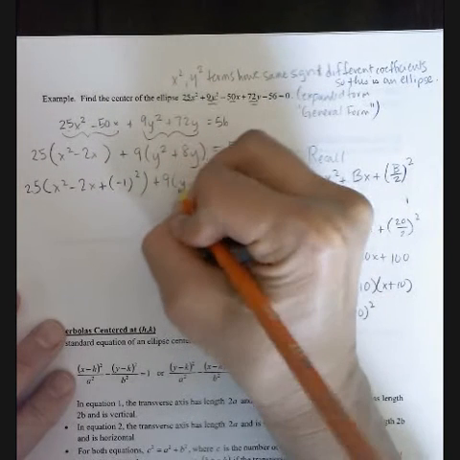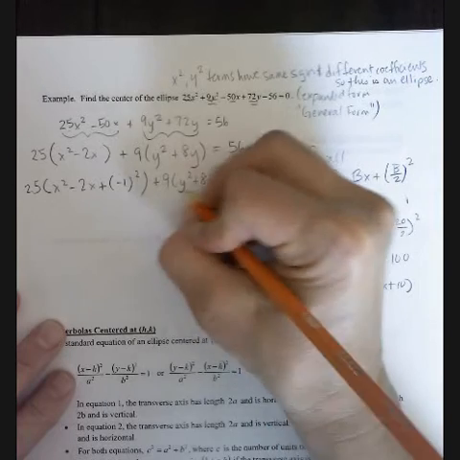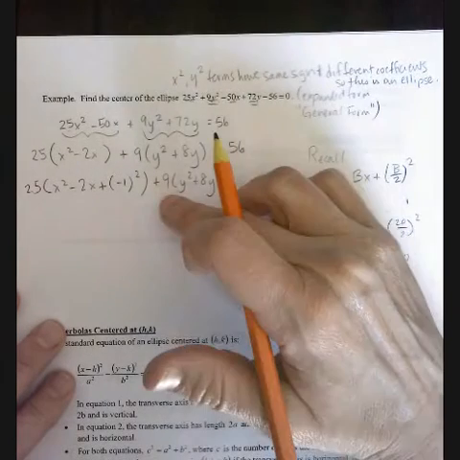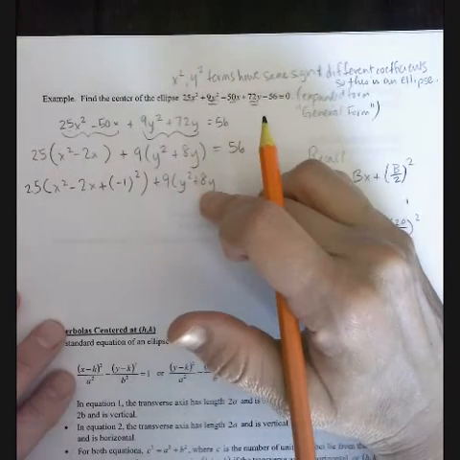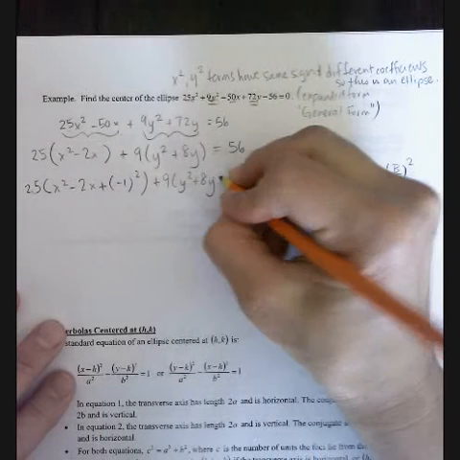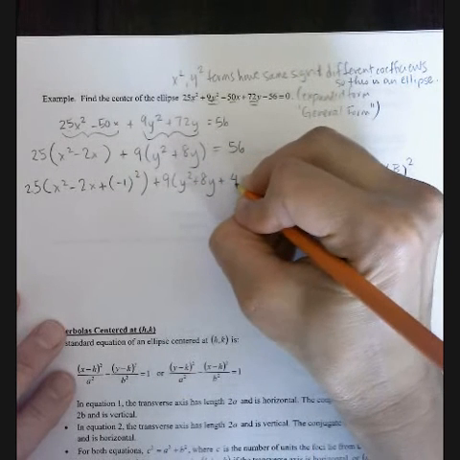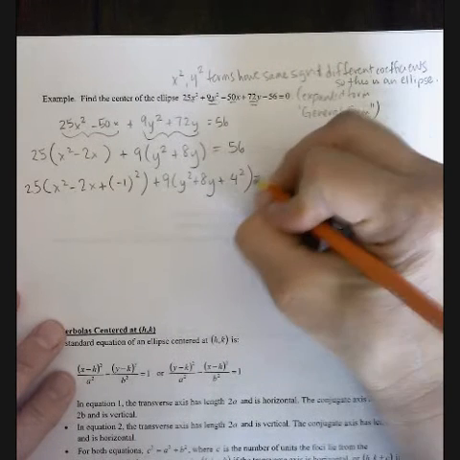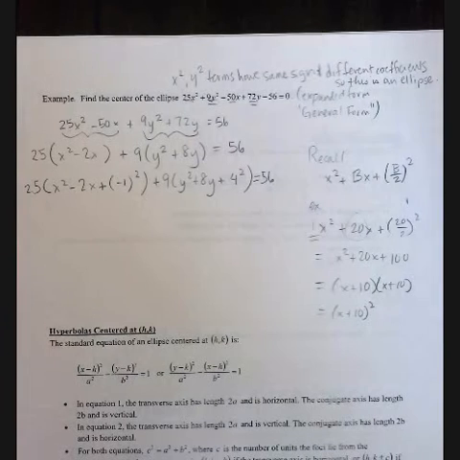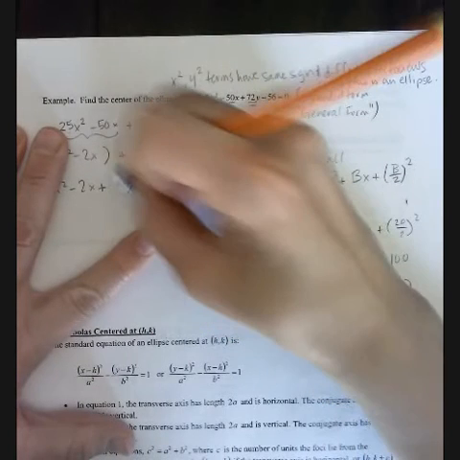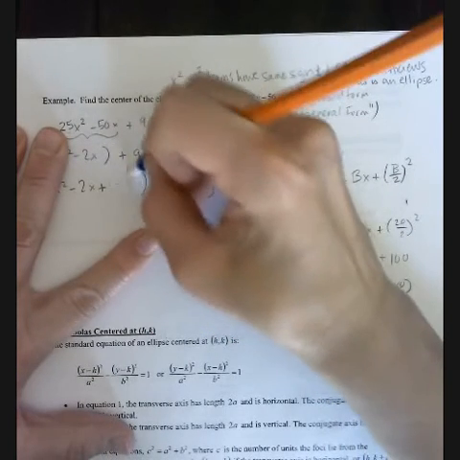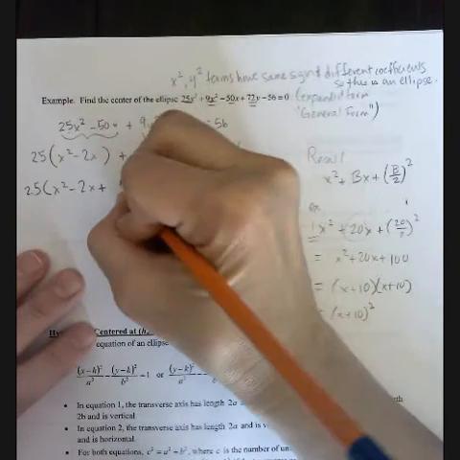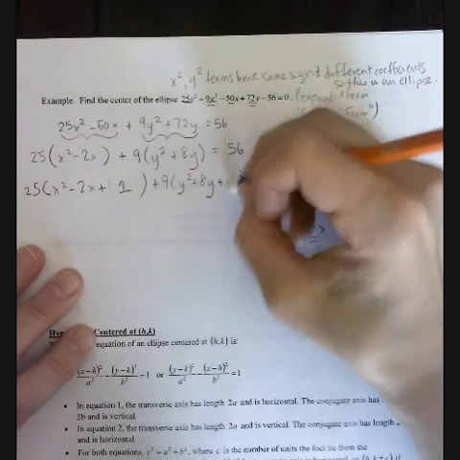Squared, that is 1. And then in the next set of parentheses with the y's, y squared plus 8y, take 8, divide it by 2, and you get 4, and then you square that number, and so of course we'll get 16.